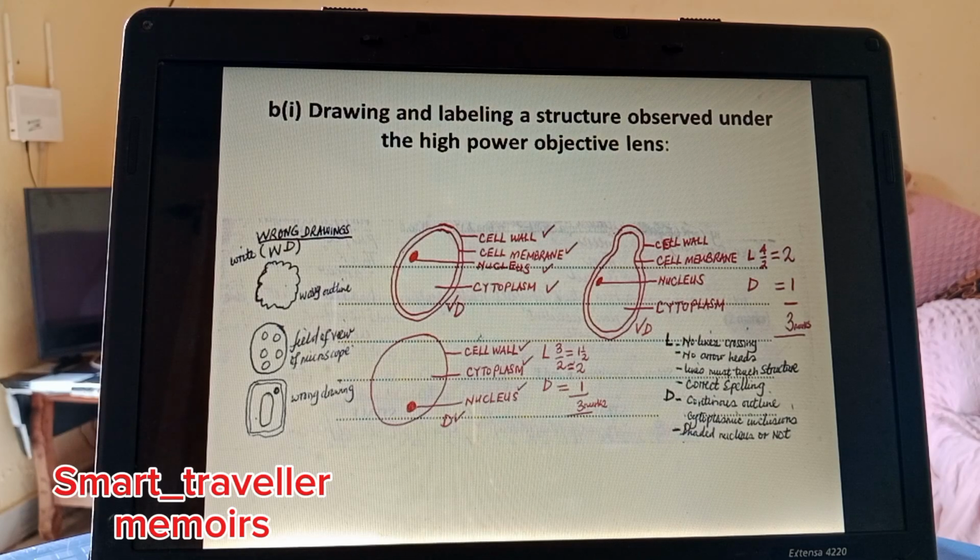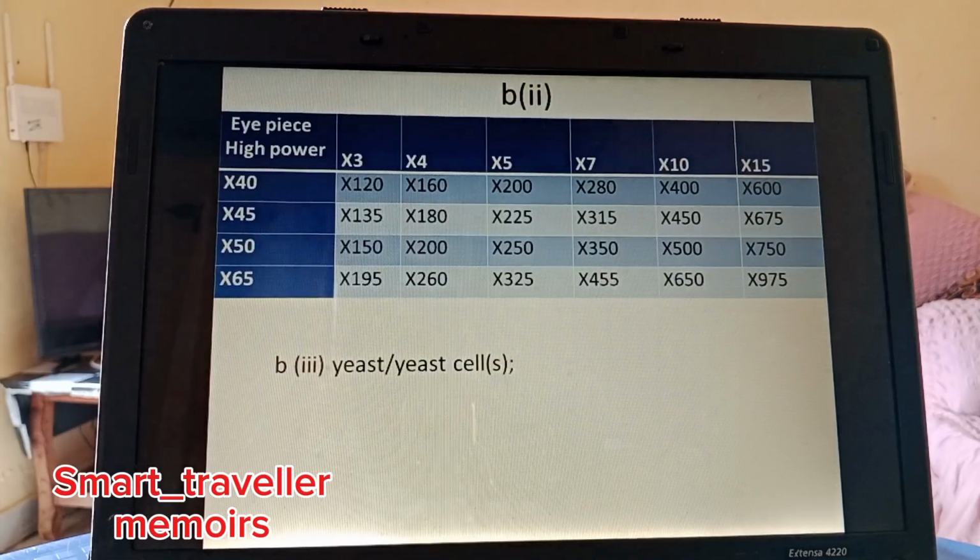Drawing mark: continuous outline, cytoplasmic inclusions, and shaded nucleus or not to get the drawing mark. Magnification, you have got there all what was expected when you used eyepiece power times 3, times 4, times 5, times 7, times 10, times 15, depending with the type of microscopes your school is having, times 40.